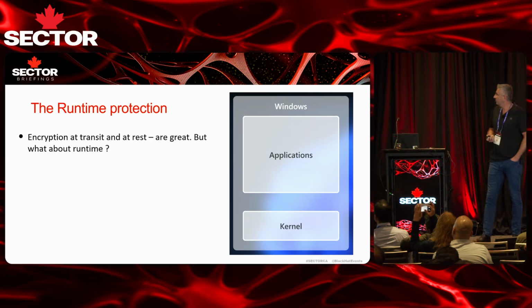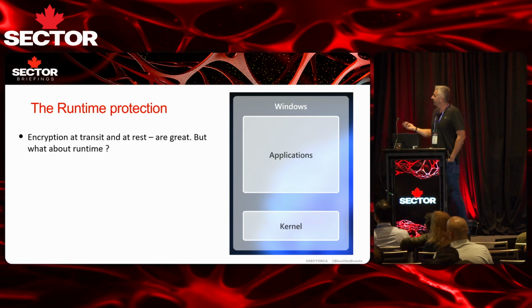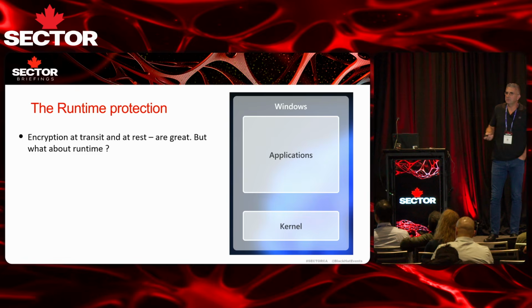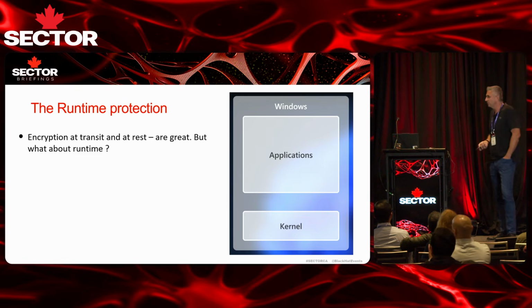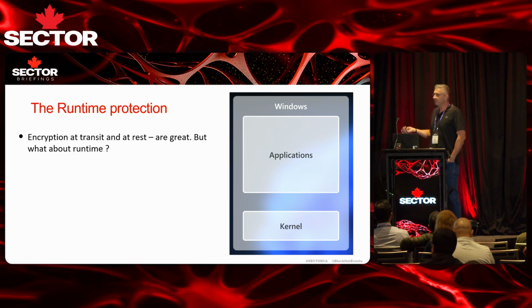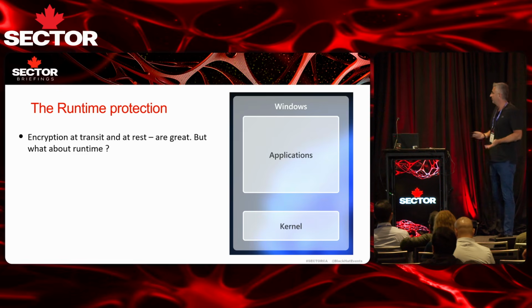So first, let's talk about the runtime protection. Encryption in transit and encryption at rest are cool, but what about runtime? You could encrypt the model with any modern cipher you like, including the quantum-resistant ones. But at the end of the day, the model needs to be loaded into some framework that will actually inference it.